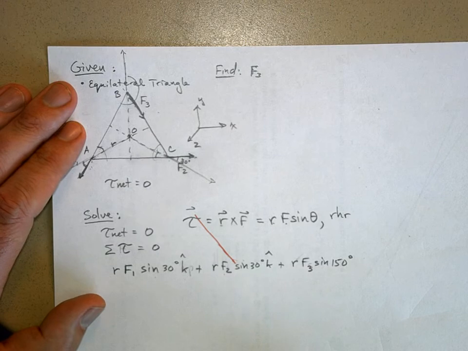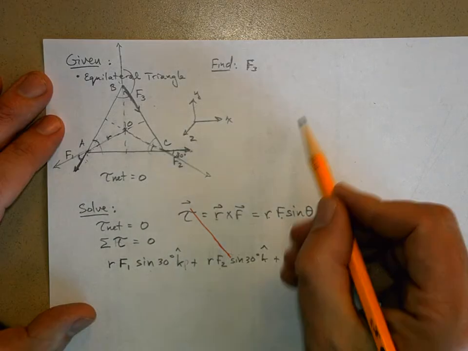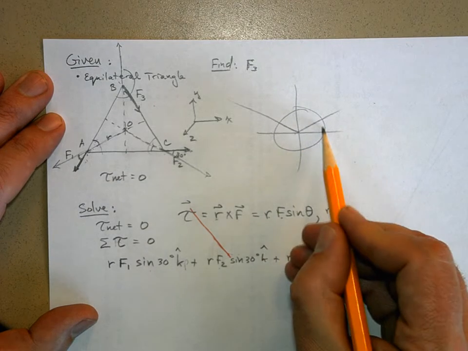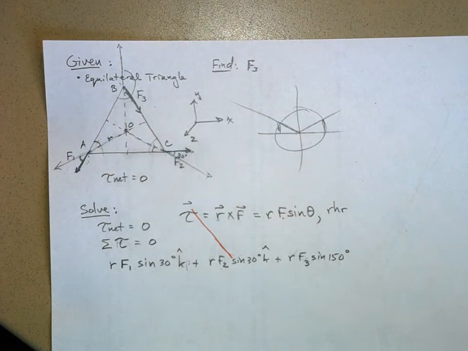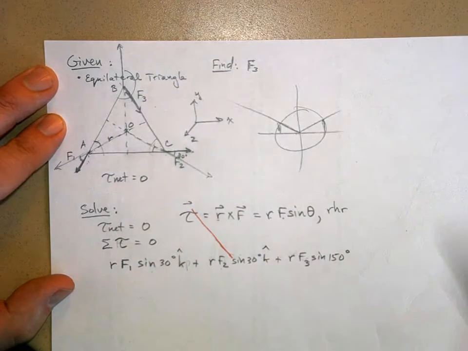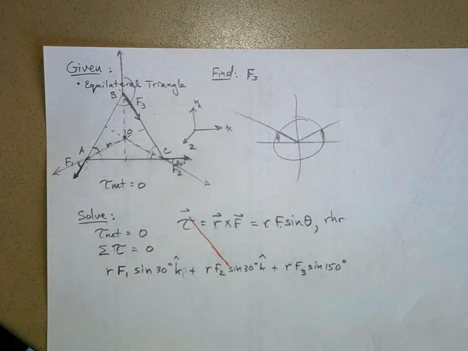Well, what's the sine of 150 compared to the sine of 30? They're not negative. Think about the unit circle. Here's 30 degrees. Here's 150. The y value is both positive, so the sine of 150 is equal to the sine of 30. But now let's think about what direction this is in. Here's R. Take your right hand and sweep from R towards the force. What direction is your thumb pointing? Down. Look, everybody, I know this is kind of hard, and it's really funny.